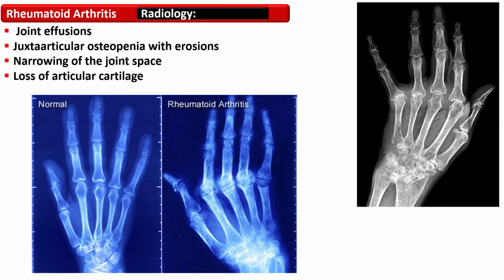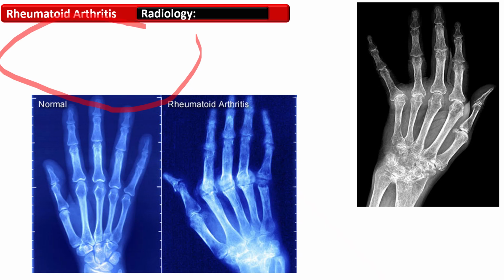In the initial stage of the disease, joint effusion, juxta-articular osteopenia with erosion, narrowing of the joint space, and loss of articular cartilage are the features associated with rheumatoid arthritis.